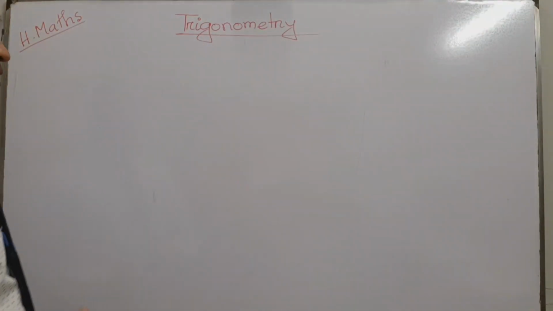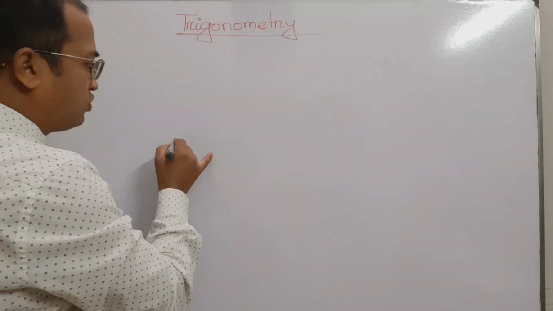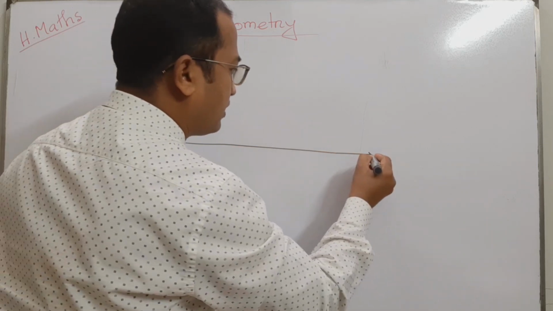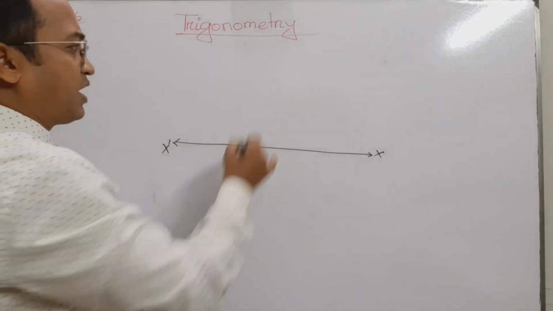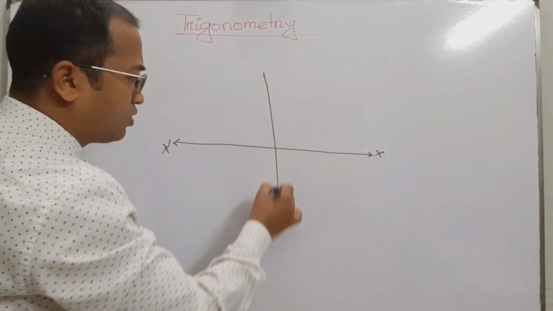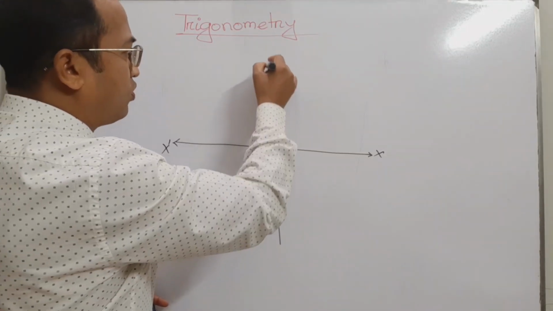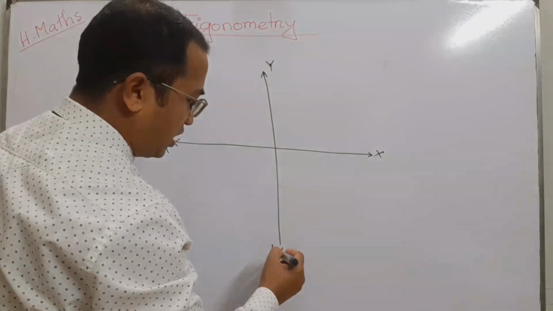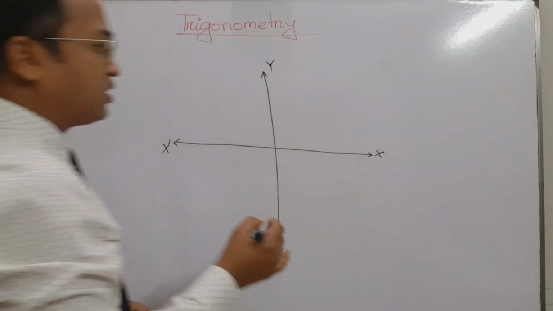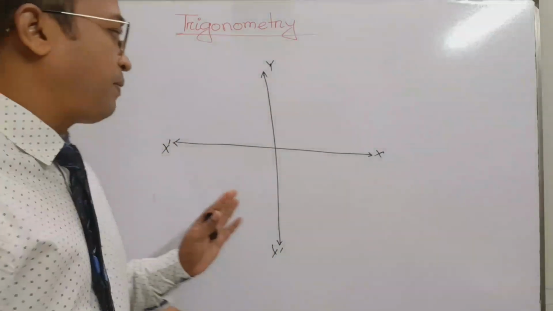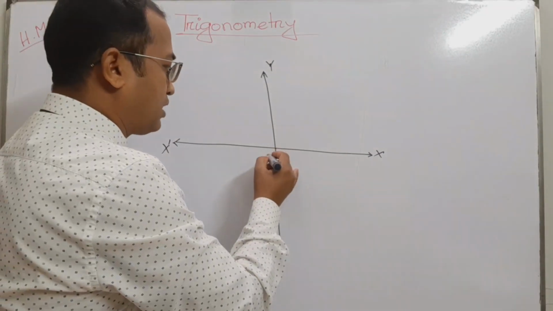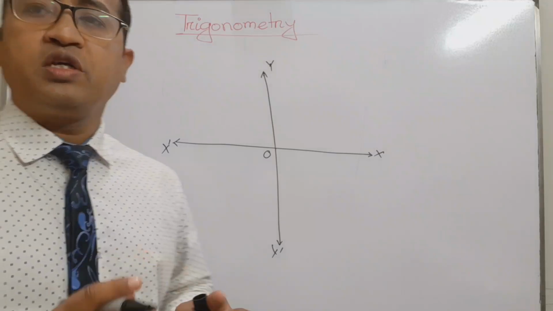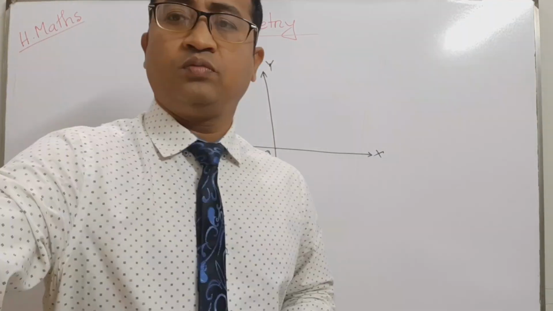Look, this is the plane surface. We draw two straight lines, x prime and y prime. These two straight lines are mutually perpendicular to each other and they intersect each other at O. So O is called the origin.